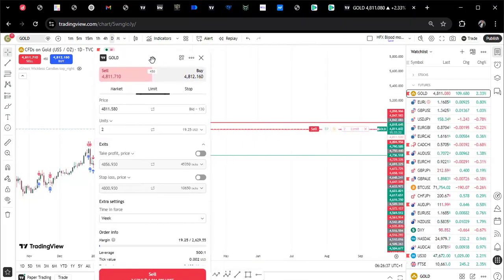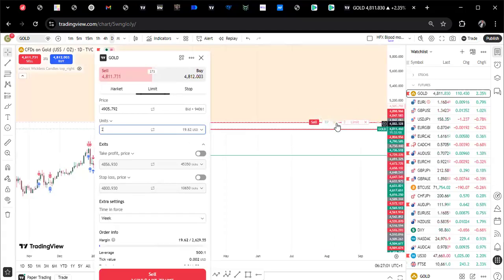You can set the limit order. This is the daily time frame. Let's say you know the price, so you set the limit order to this very point. Now, where the problem is, is the unit. Can you tell if this unit is like lot size? You're confused.